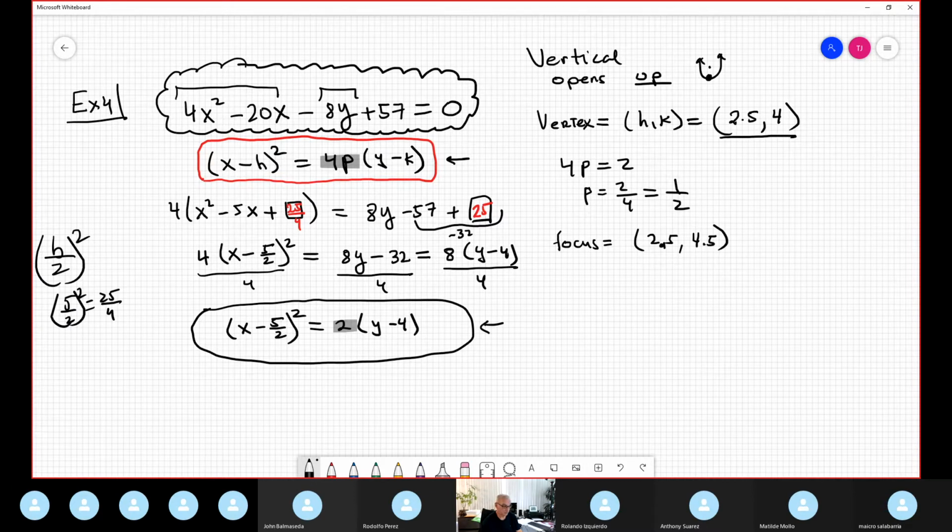Makes sense, right? The elementary sketch here. And the directrix is the line like that, passing through at a distance here of P, which is 1/2. So the directrix is the line y equals 3.5, no? Because the focus is at 4, and 4 minus 0.5 is 3.5.